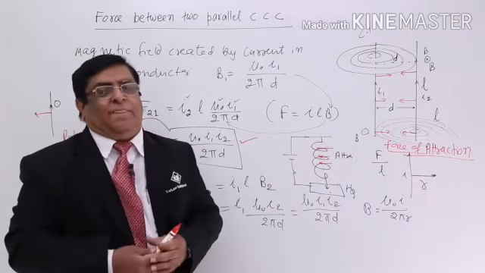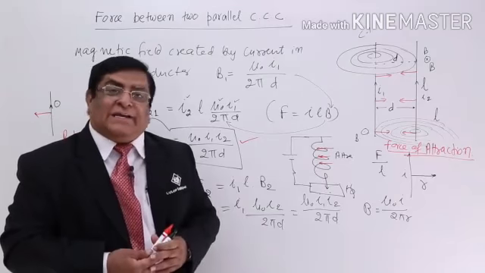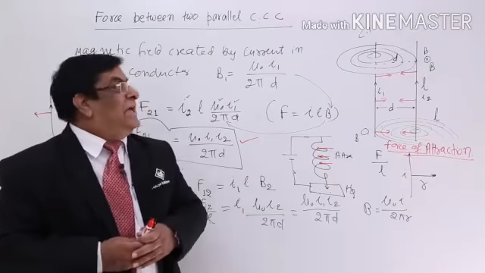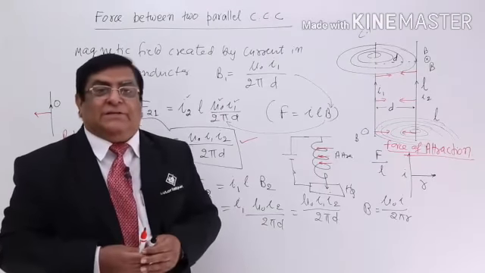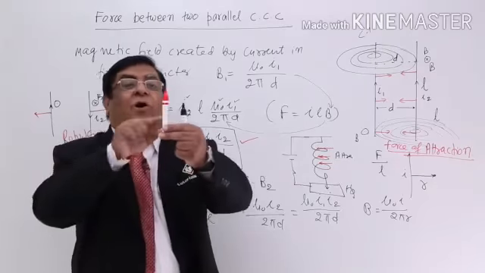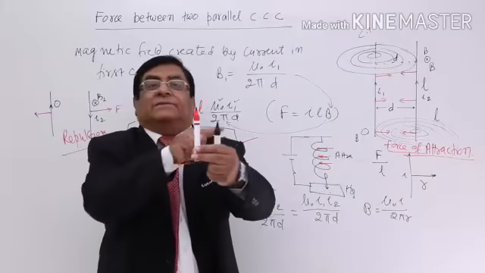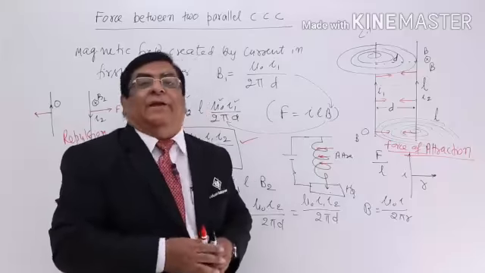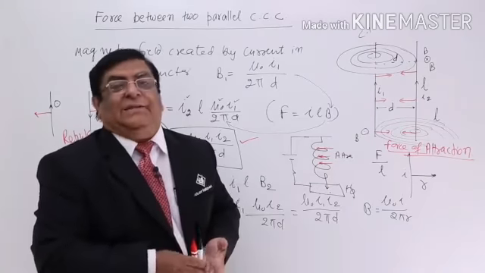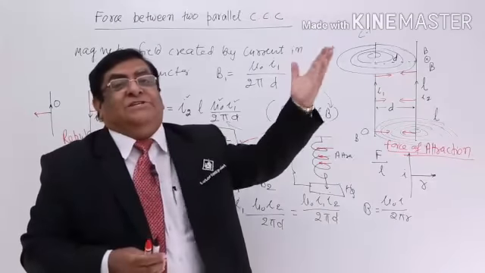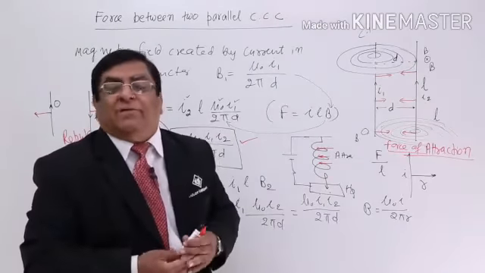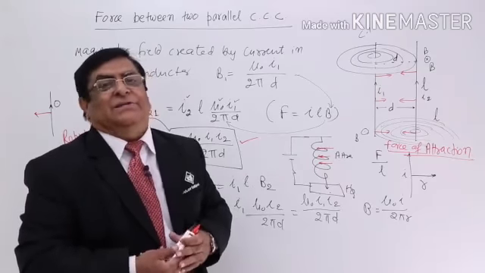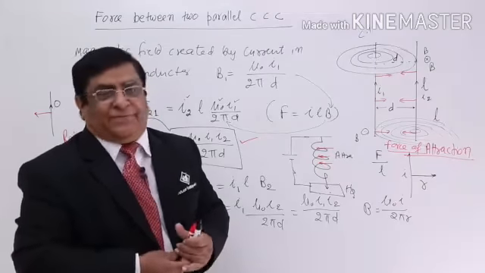Okay, so now in the next lecture we will see if there are four conductors made in the form of a coil, this, and that is placed in an external magnetic field. What will happen to it? And that will lead you to many machines like motors, galvanometers and many other things we are using in our day-to-day life. Thank you.